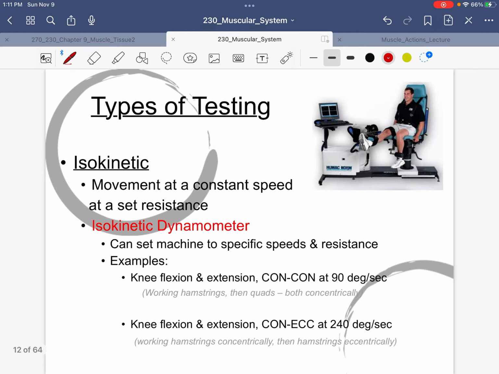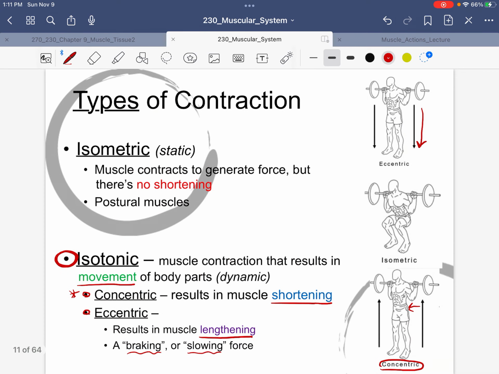One of the best examples I can think of an eccentric contraction, I don't have a picture here. One example I can think of for eccentric. Think about after a really heavy workout or after a race and your legs are really tired, but you've got to go to the bathroom. You got to pee.